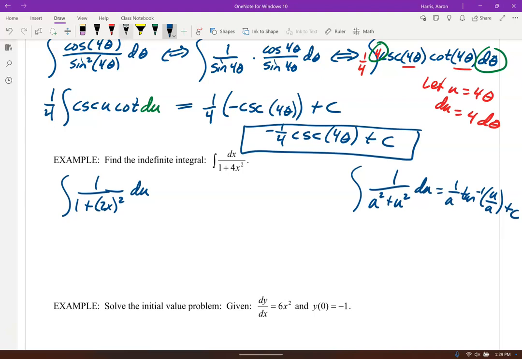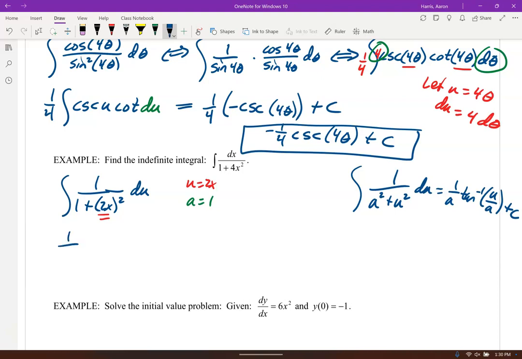And so see how our u here is that 2x, and our a is 1. So u is 2x, a is just that 1 right there. 1 squared is 1, right? And so I could just follow this real easy.